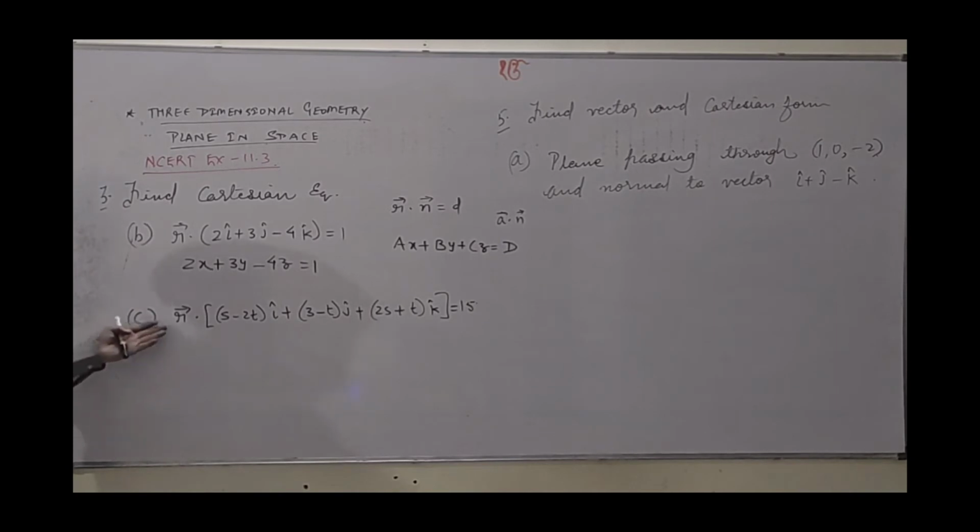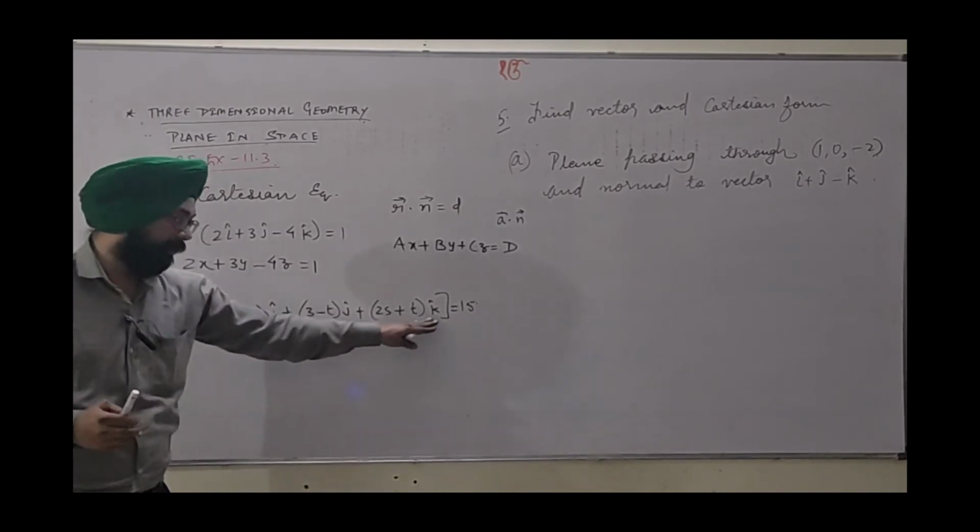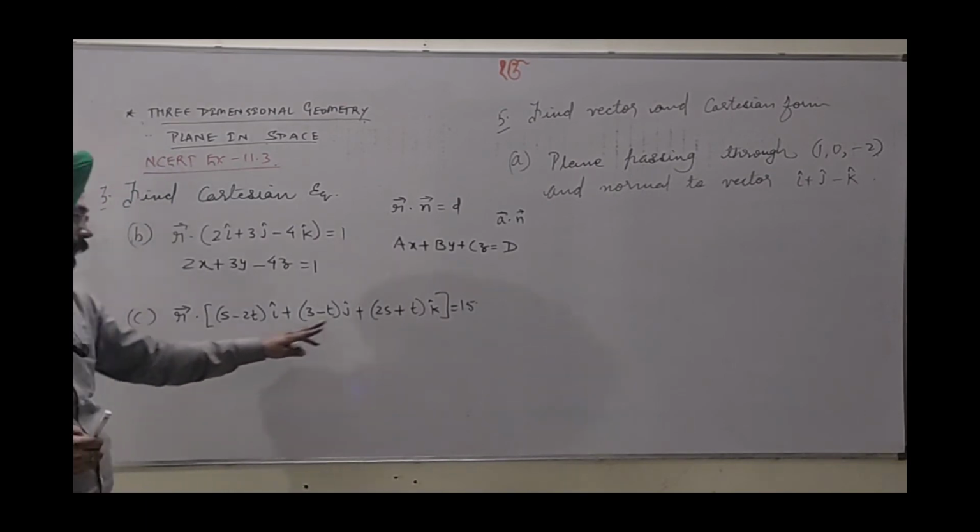The same way, any equation given in vector form, we can convert into Cartesian. Here, in C, again we are given a vector with components i cap, j cap, k cap, and this r is given and one constant.